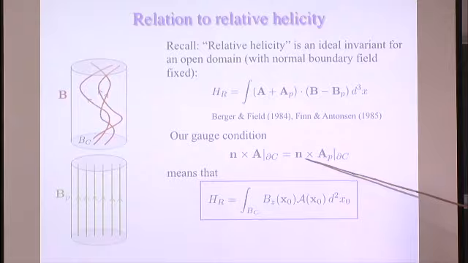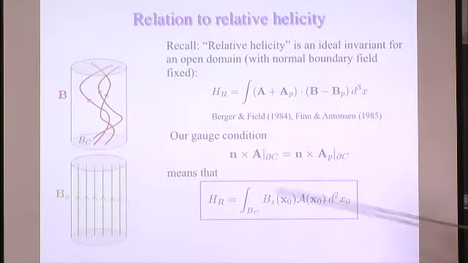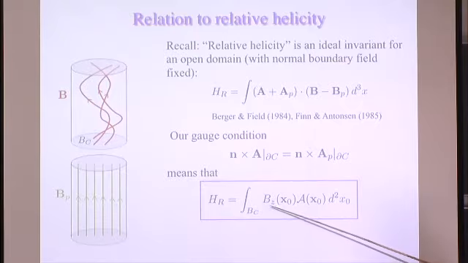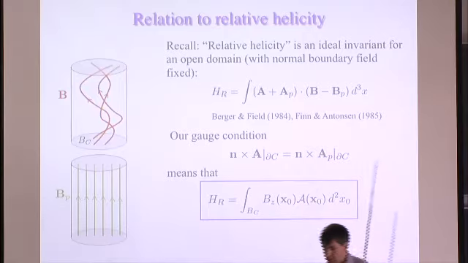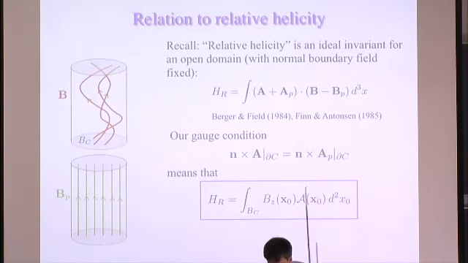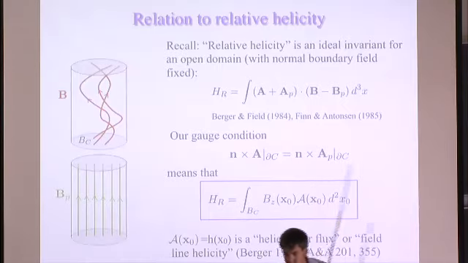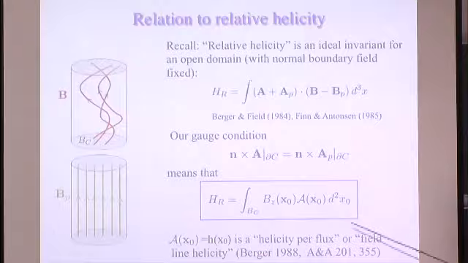With the gauge condition, you can write this helicity as just an integral over a cross-section on the lower boundary, where you multiply this flux function with the z component of the magnetic field. So you reduce your three-dimensional integral to a two-dimensional integral. You can then interpret this generalized flux function as some kind of helicity per flux.